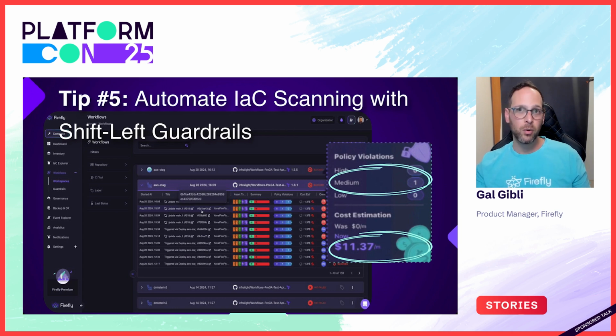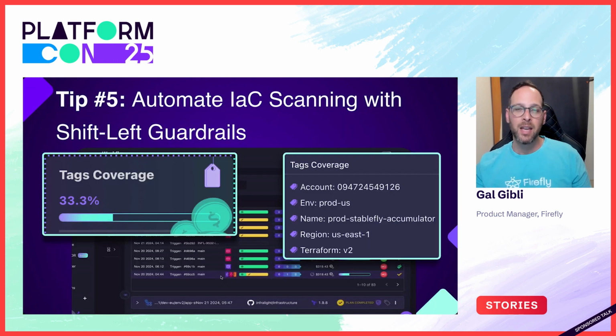By doing so, you'll ensure the best practices are followed straight from the development stage. So it will reduce the chances for misconfigurations that will probably slip into your production if you don't shift left as much as you can. And to double down on this point, think about the practical outcomes.